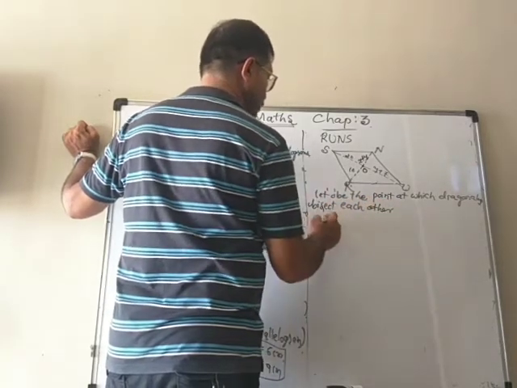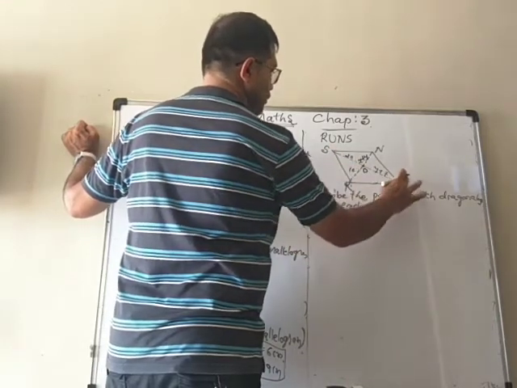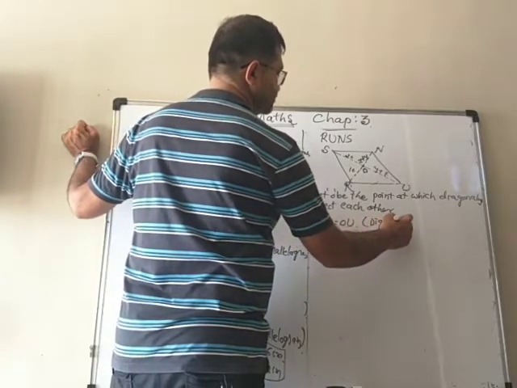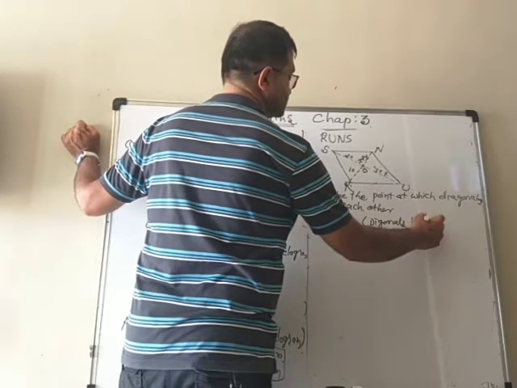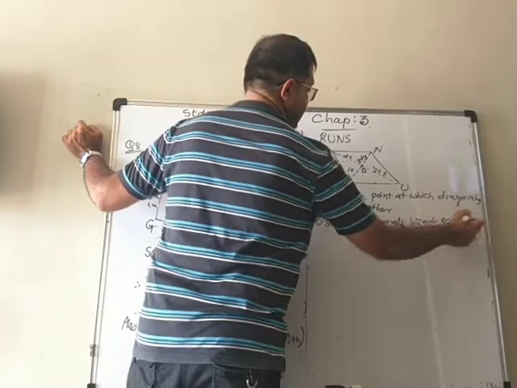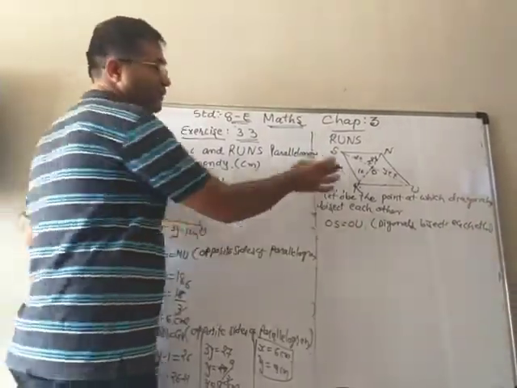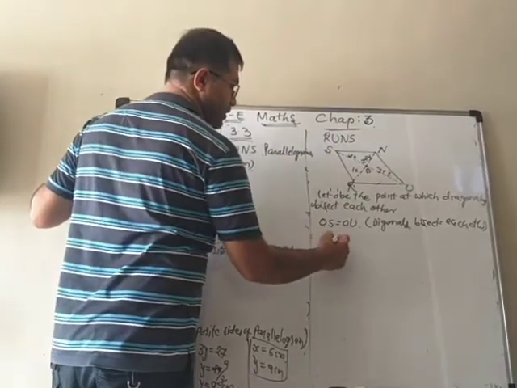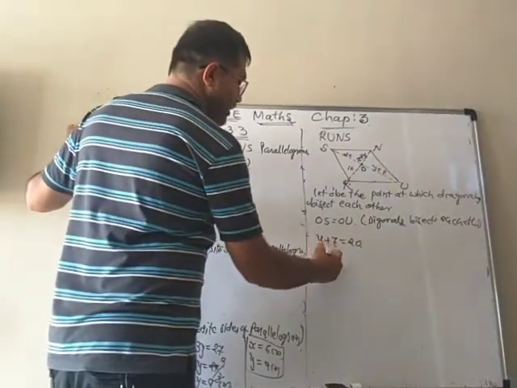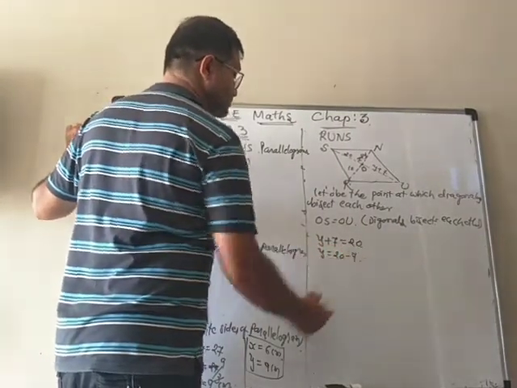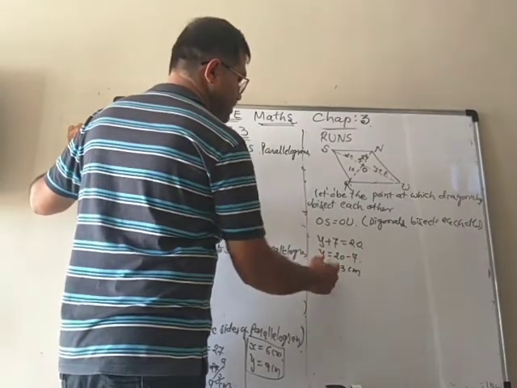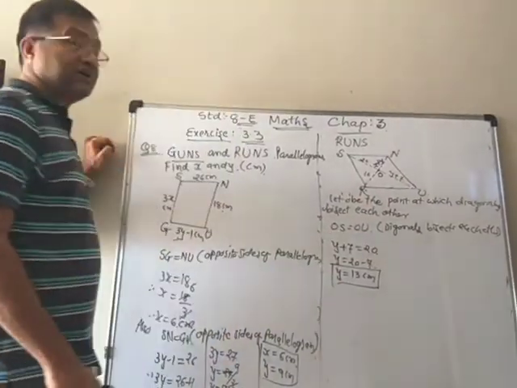So now OS is equal to OU, because diagonals bisect each other. In a parallelogram the diagonals bisect, therefore both parts are equal. Therefore y plus 7 is equal to 20. So y is equal to 20 minus 7, and 20 minus 7 is 13. So value of y is 13 centimeter.